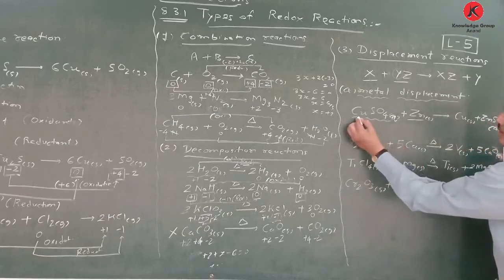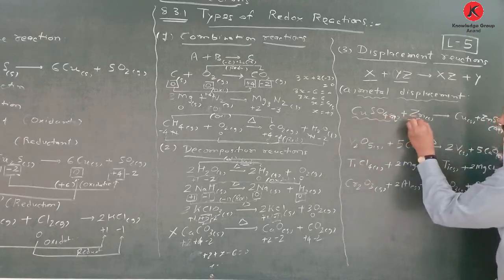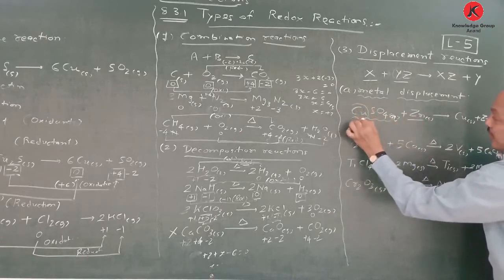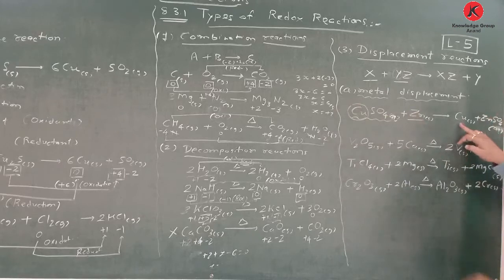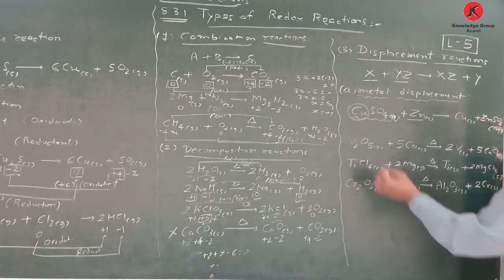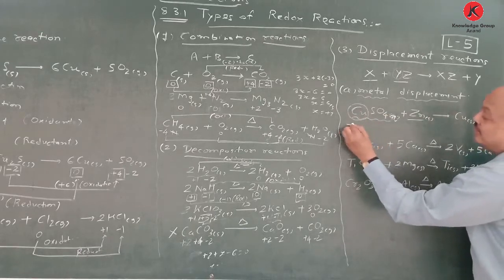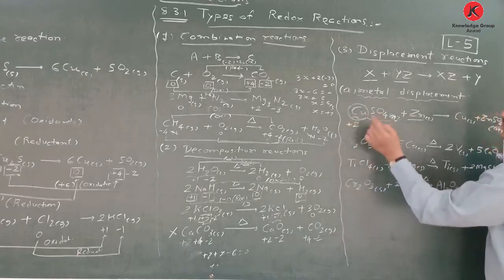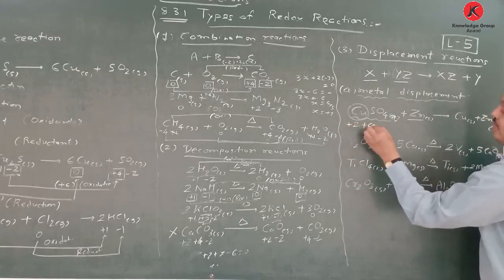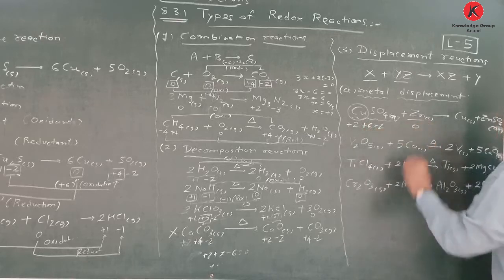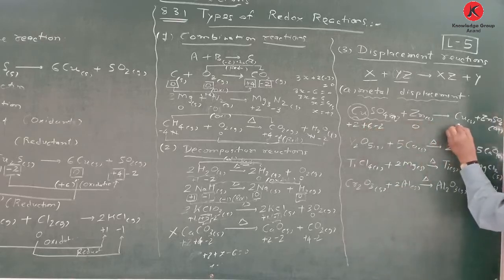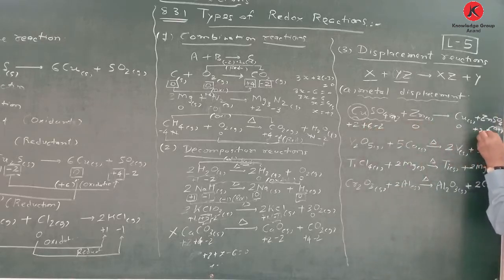Here copper is in a free state, meaning it is converted into Cu solid, and zinc is converted into ZnSO4. Once again we write down the oxidation numbers. In CuSO4, copper is plus 2, sulfur plus 6, oxygen minus 2. Zn is 0. In the products, Cu is 0, Zn is plus 2, sulfur plus 6 and oxygen minus 2.